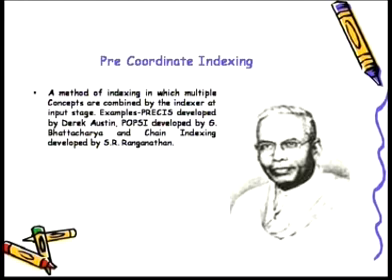Pre and post coordinate indexing systems. Pre-coordinate indexing is a method of indexing in which multiple concepts are combined by the indexer at the input stage. Examples of pre-coordinate indexing are PRECIS, developed by Derek Austin, POPSI, developed by G. Bhattacharya, and chain indexing, derived by S.R. Ranganathan.